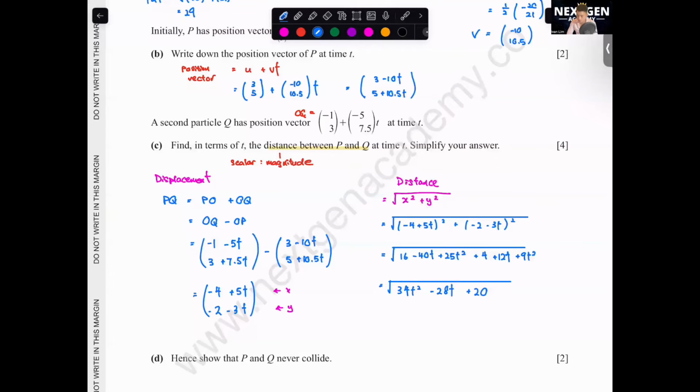Okay, any question? Yeah, distance is the magnitude of displacement. If you see the whole chapter for vectors, every time we want to find magnitude, you need to square root x squared plus y squared. So the magnitude formula can be used for any vector quantity to get a scalar value. It's the definition.